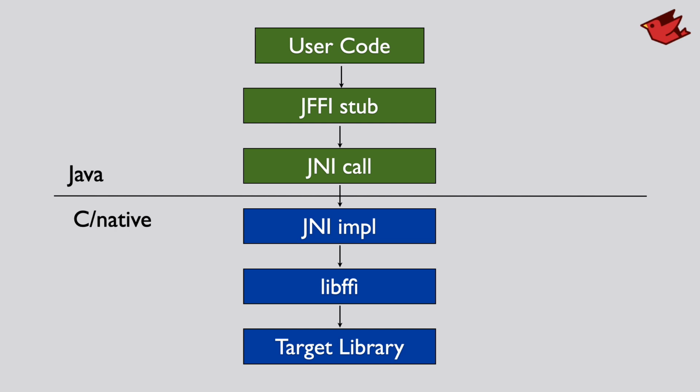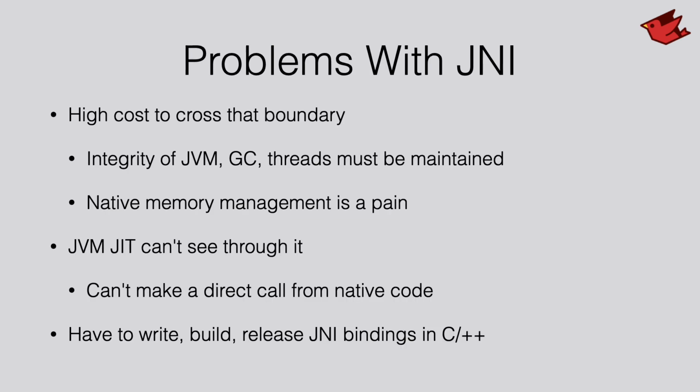Now, you notice here, we're still using JNI for this. There are still problems with using JNI, even if we don't have to rewrite it. Crossing that boundary takes a lot of work. You saw that there's many steps, many layers in that transition just to make a call into a simple C function. The JVM itself also can't really optimize around JNI.